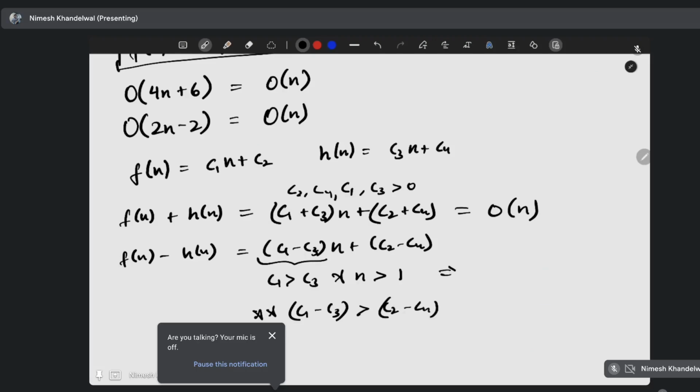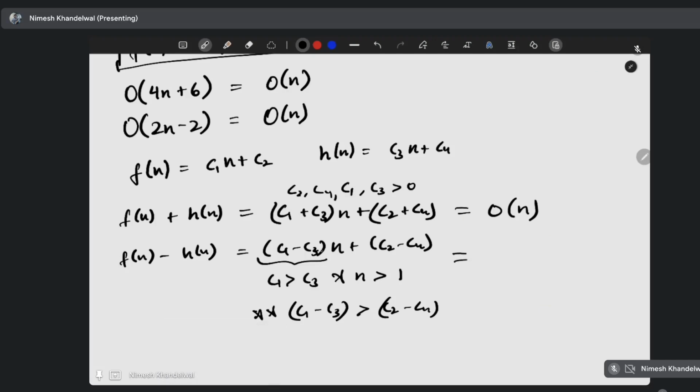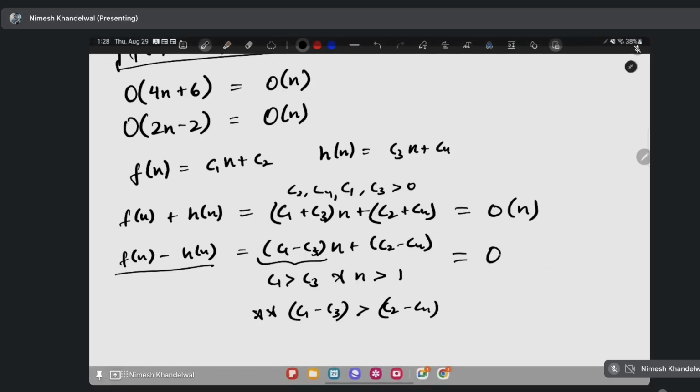These are just constants that should come this way if this is the valid runtime complexity calculation, right? So this is also O of n, right?